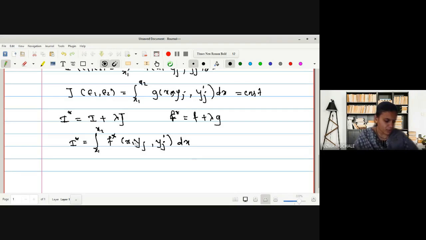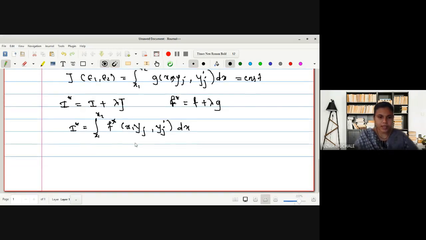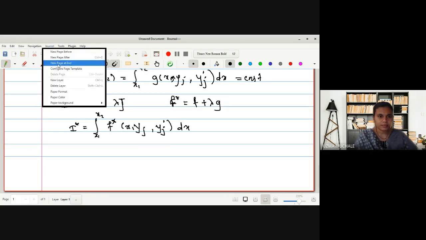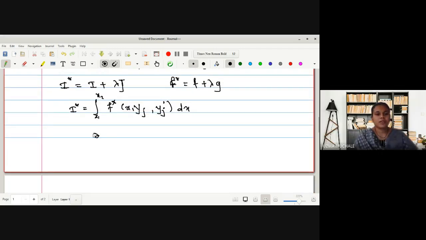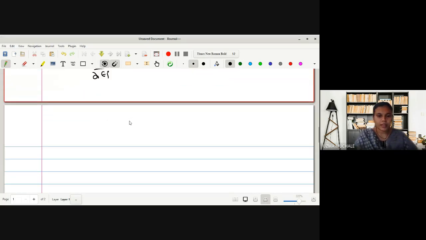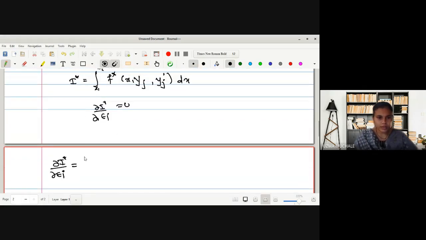Now what is the next step? Can anyone tell me? The first derivative of I star equal to 0. Dou I star by dou epsilon i should be equal to 0 for finding the maxima or minima. So let me find the value of dou I star by dou epsilon i. As the integration is with respect to x and the derivative is with respect to epsilon i, the integration stays as it is.